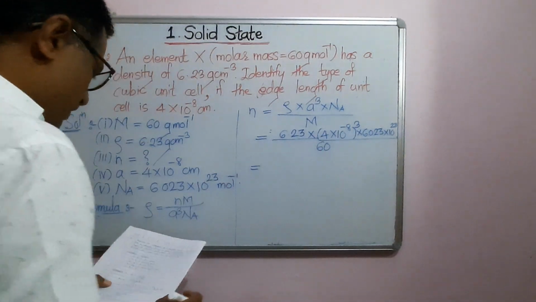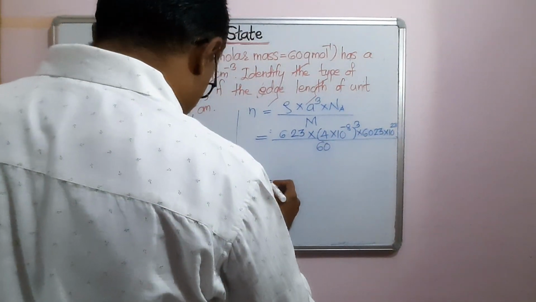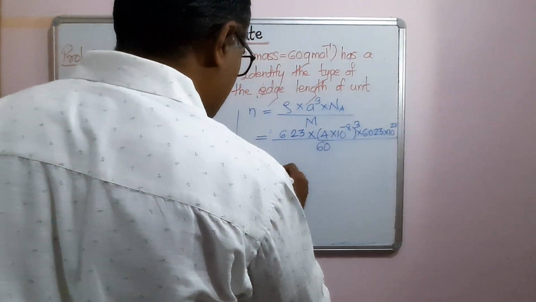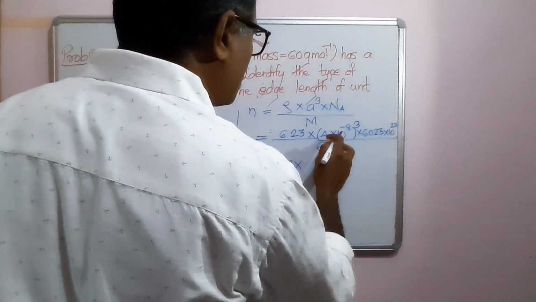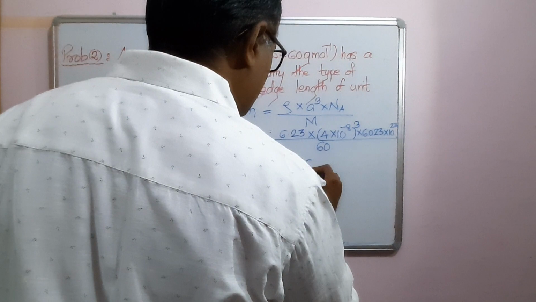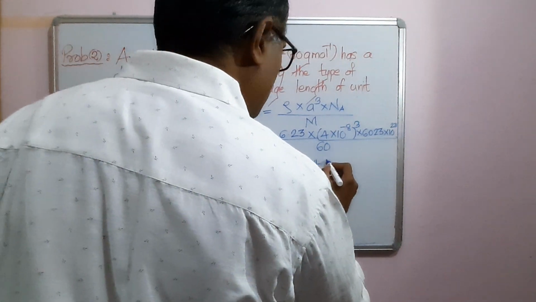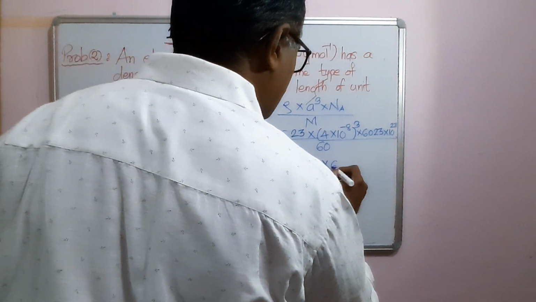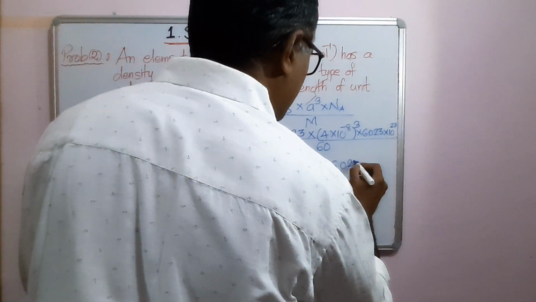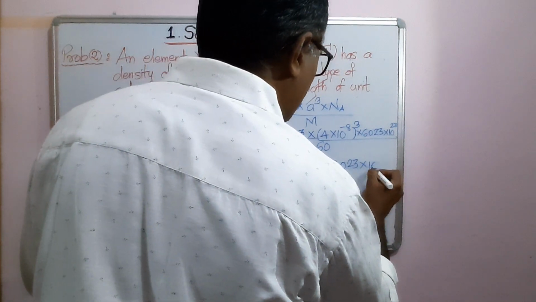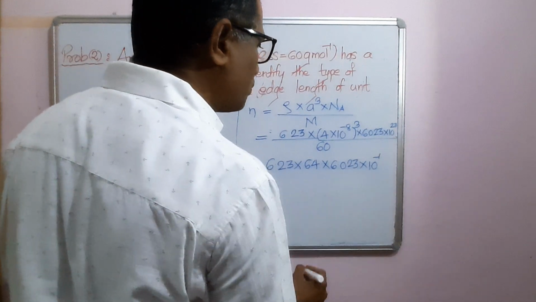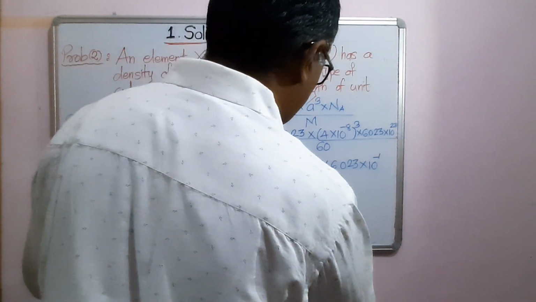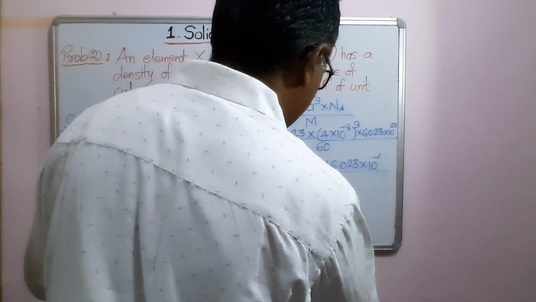Now I will do some calculations. 6.23 into 4 cube, which is 64, into 6.023 into 10 to the power minus 24 plus 23, which becomes 10 to the power minus 1, upon 60.